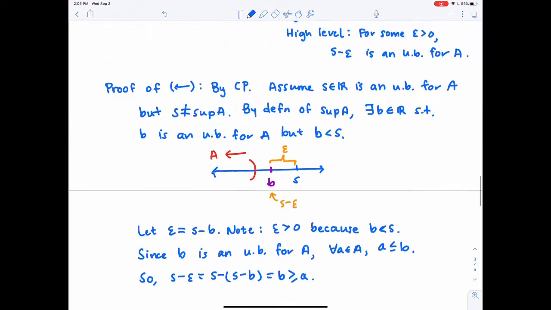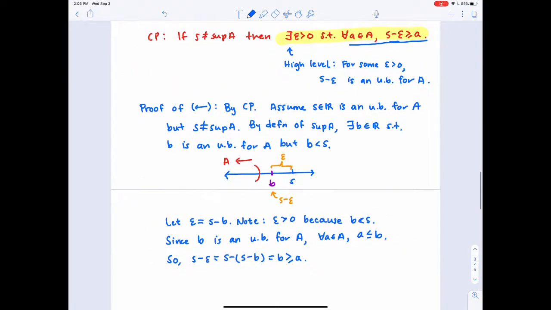Well, let's look at what we were trying to do. We were trying to prove that there exists an epsilon, which we've asserted right here. There exists our epsilon. We made sure that it was greater than 0. Then we had to say that for all a in A, S minus epsilon was greater than or equal to a, which we've done. That tells me that this proof is complete.